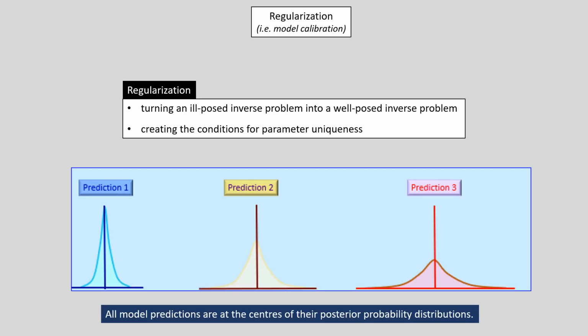When we calibrate a model, then, we seek a parameter field that allows the model to make a variety of predictions, all of which lie somewhere near the center of their posterior probability distributions. It can be shown that there is only one parameter field which can do this, and therefore uniqueness and decision support utility coincide. So that then is the broad definition of regularization.